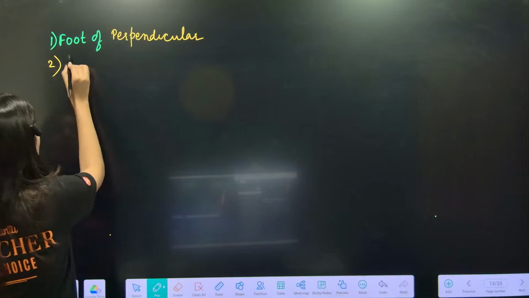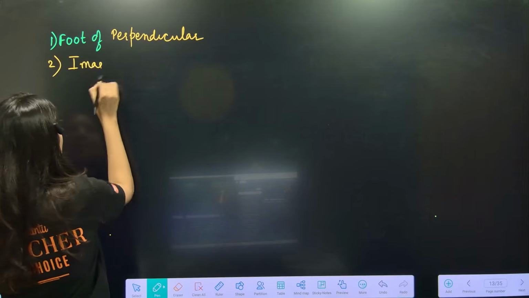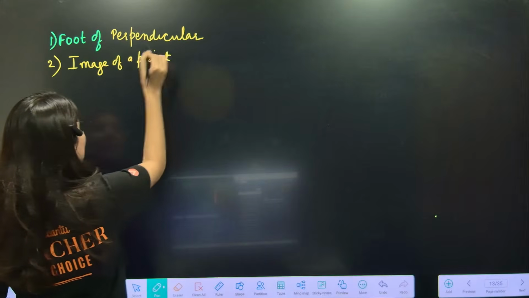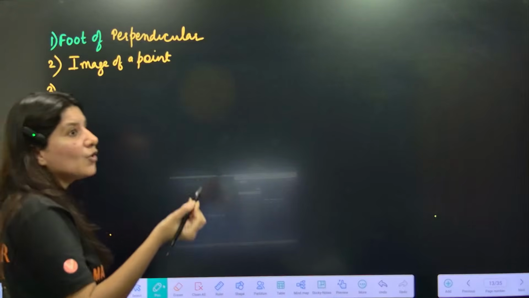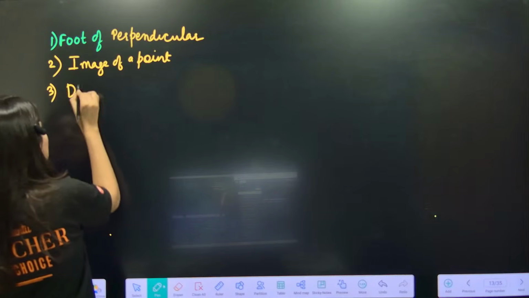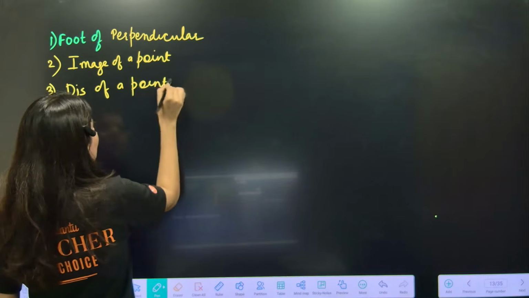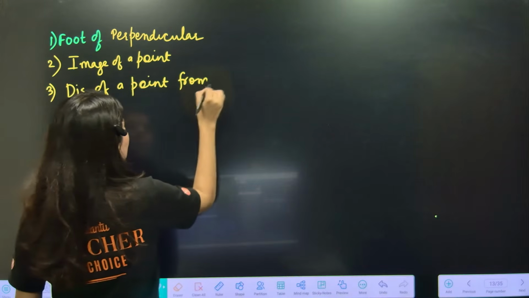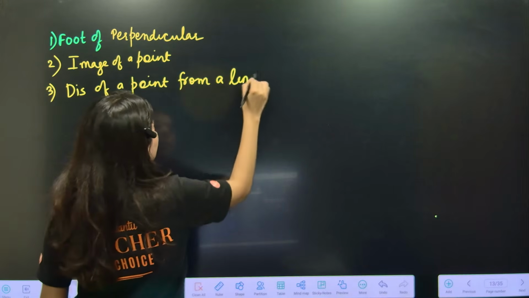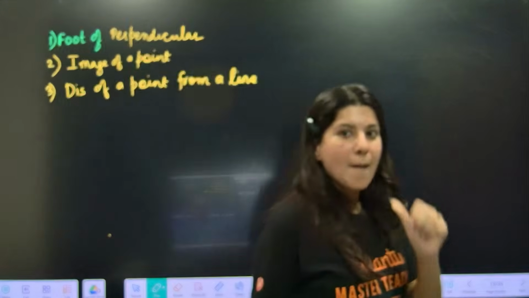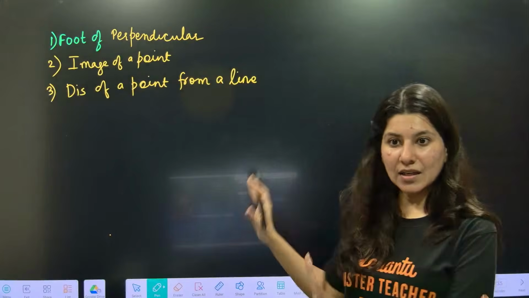If they are asking you the image of a point, then also you apply the same concept. Third, if they are talking about the distance of a point from a line, then also the same concept. 3 types of question, but the solution is the same. That is what I am going to tell you.